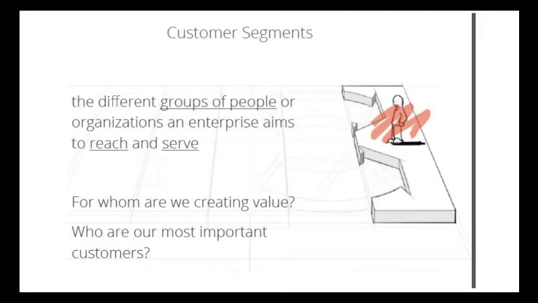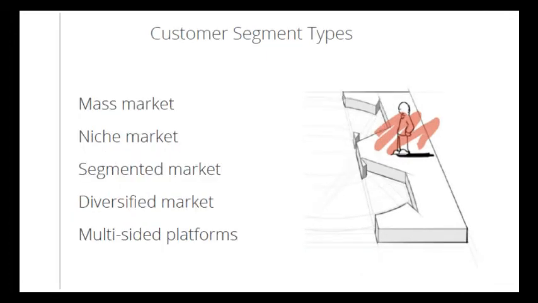You want to make sure that you segment your audience and properly give them a defined value proposition, because each customer has a value proposition that suits them. So this is what your customer segment does. Now the customer segment could be a mass market, a niche market, a segmented market, a diversified market, or a multi-sided platform.